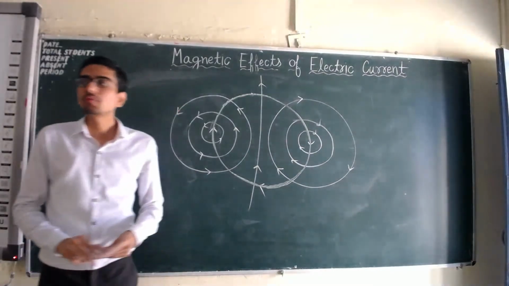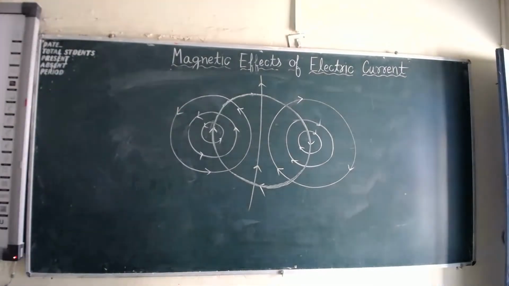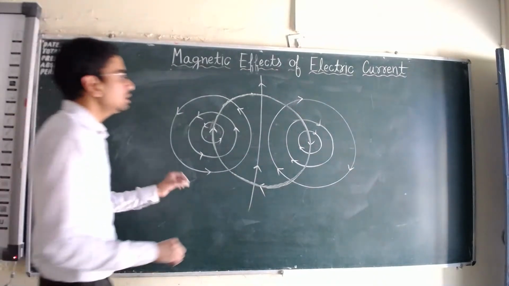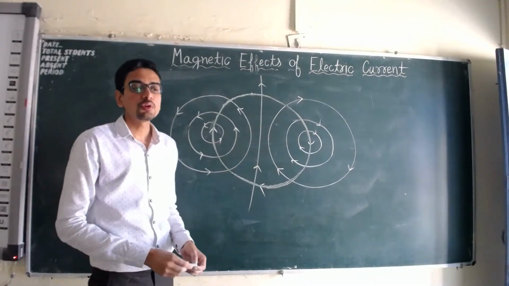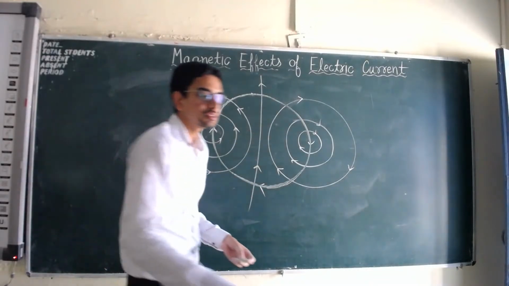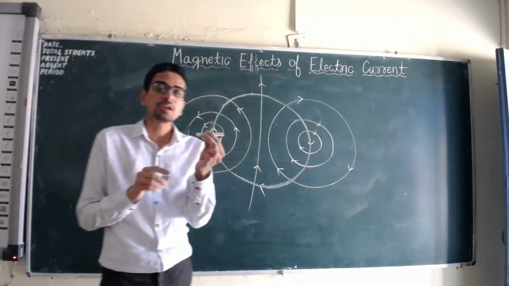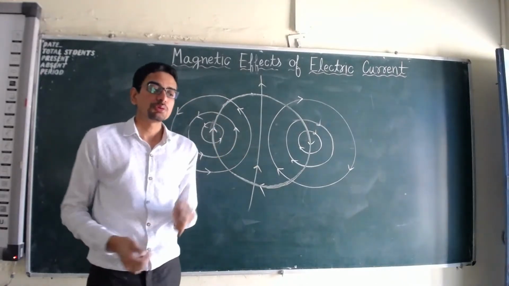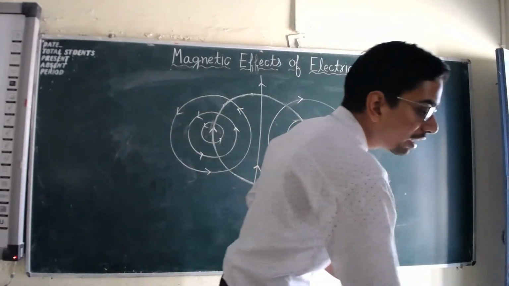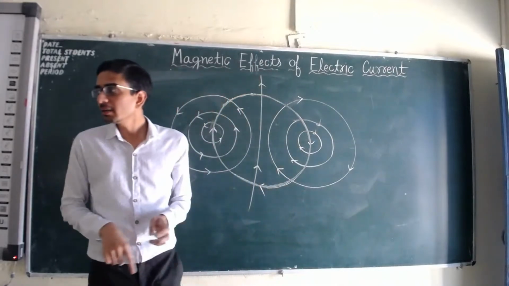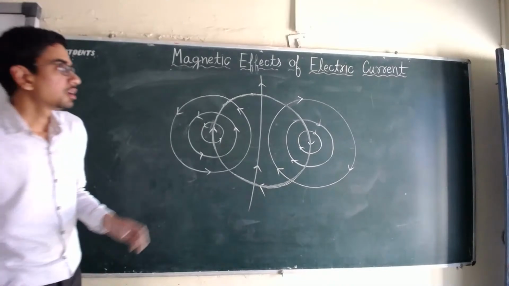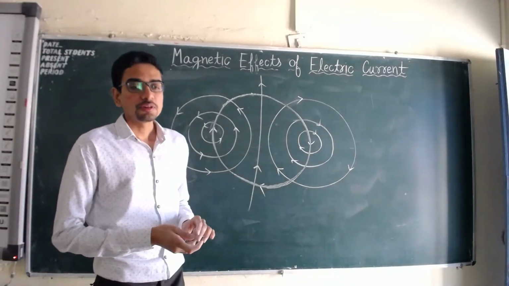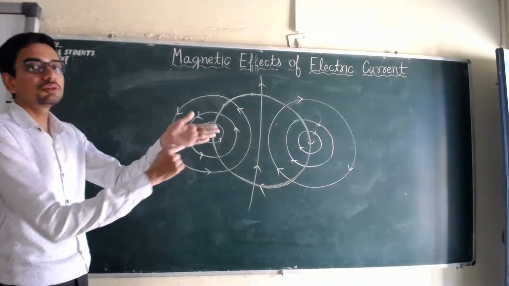Okay. Now, if I ask you an important question, tell me which pole is north pole and which pole is south pole. Imagine this is a bar magnet. Okay, आपको पता है एक pole north होता है, एक pole south होता है. But if you have a circular wire, then in that case, what will be the north pole and south pole? For example, imagine this is a circular wire.